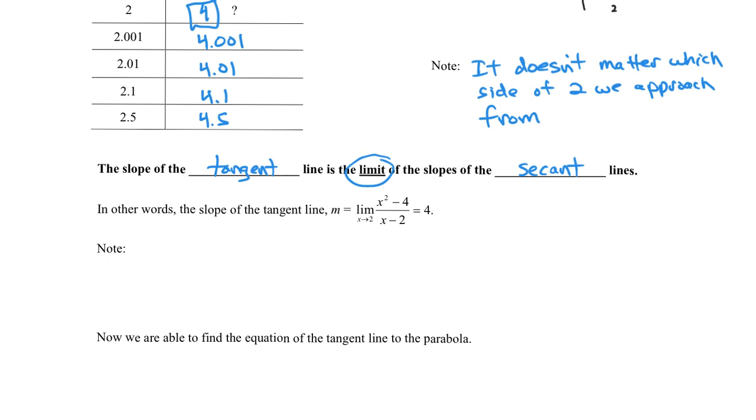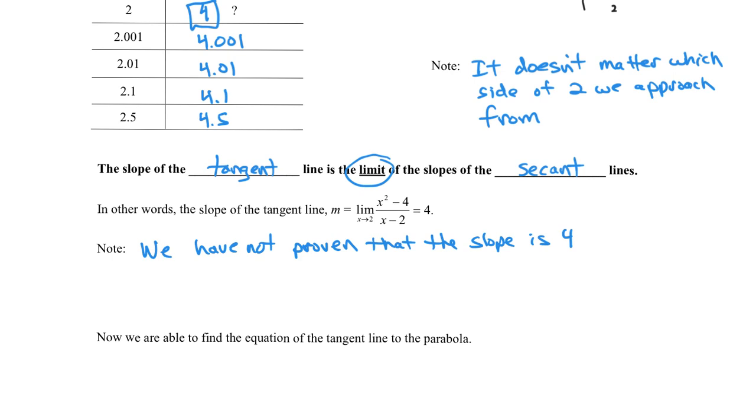And another little note here: we have not proven that the slope is 4. Now it is actually 4. When we get a little more experience here, we'll show that the slope is 4.